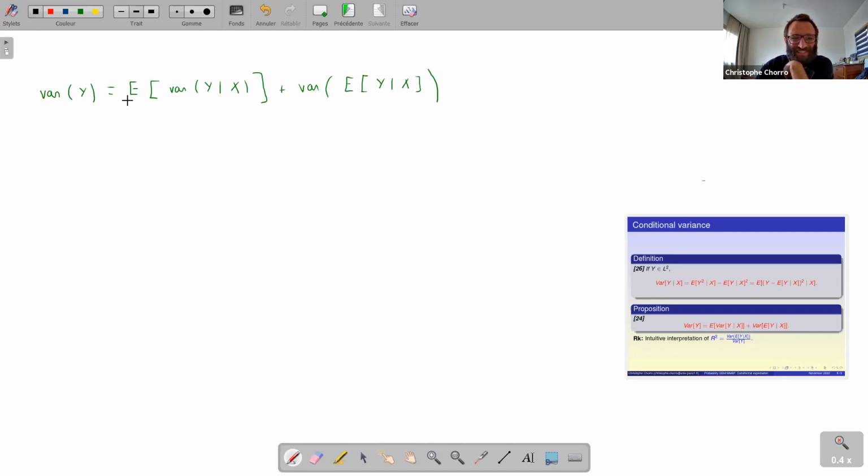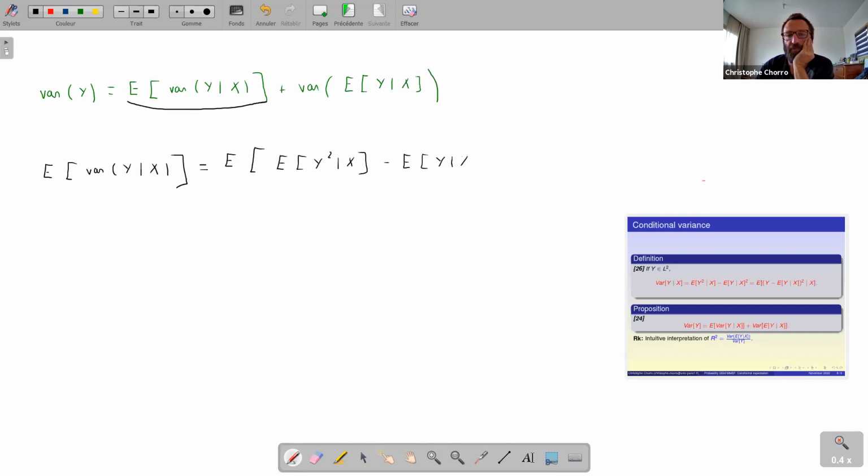What is the expectation of the conditional variance? Let's replace it by the definition of the conditional variance. It's the expectation of the conditional expectation of y squared given x minus the conditional expectation of y given x, squared.